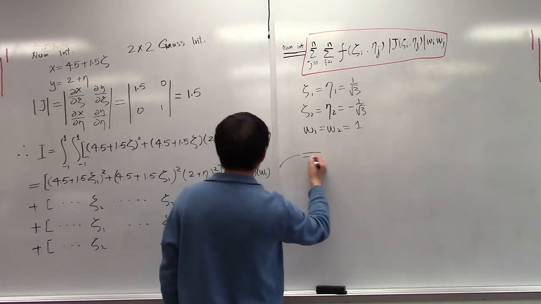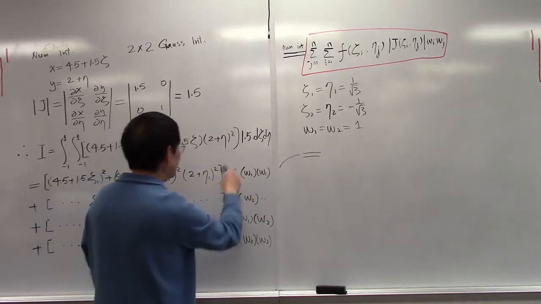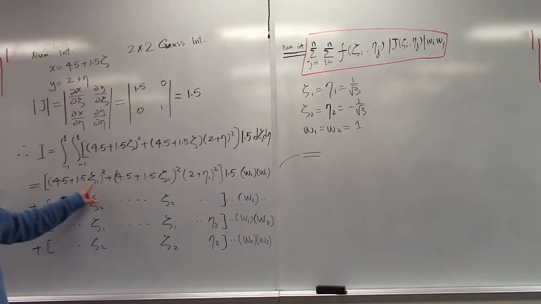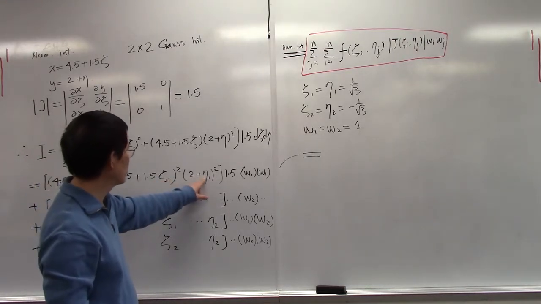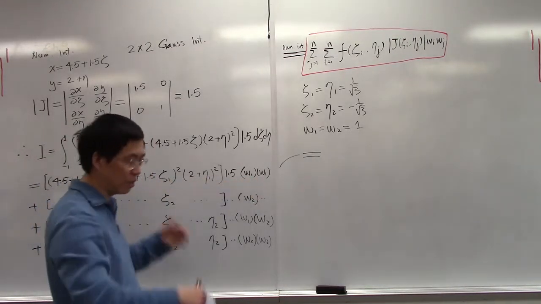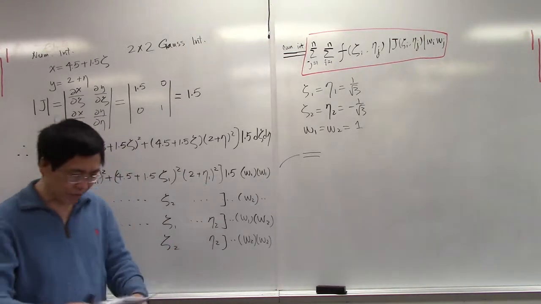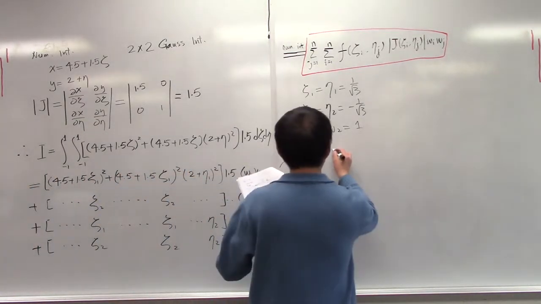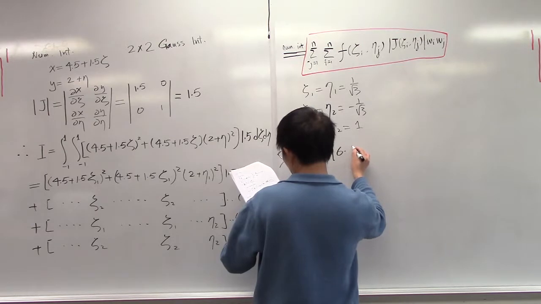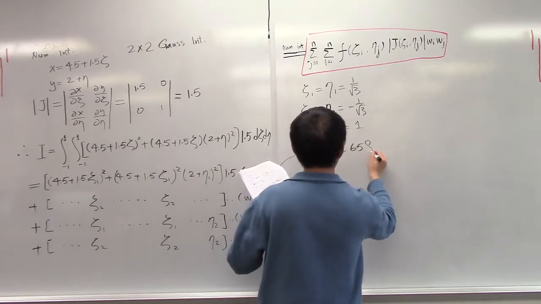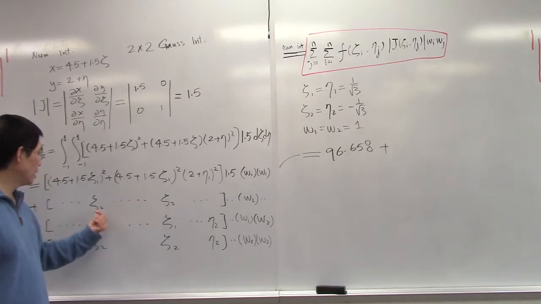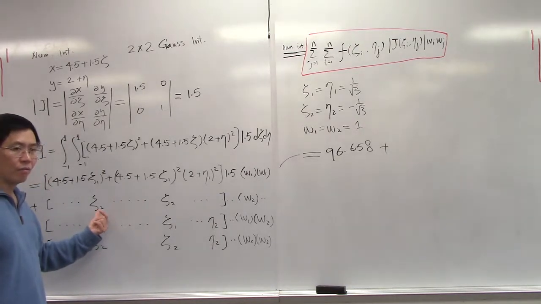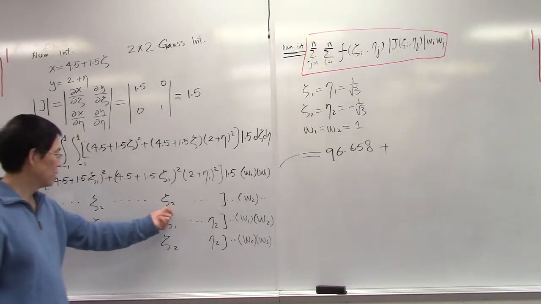And put all this in. This one turned out to be the first term. Here is 1 over root 3, 1 over root 3, 1 over root 3. This is 1 over root 3, and this 1 and 1. And use your calculator. The first term is 96.65. The second term here is negative 1 over root 3, same.